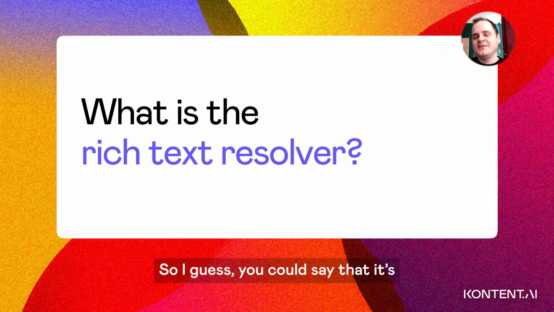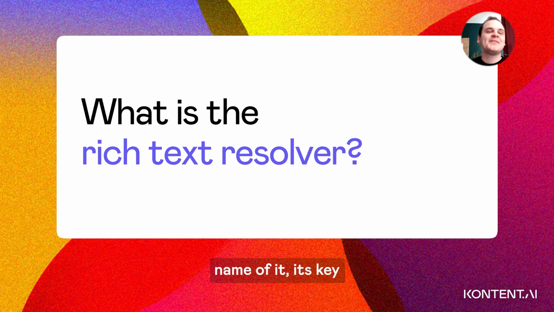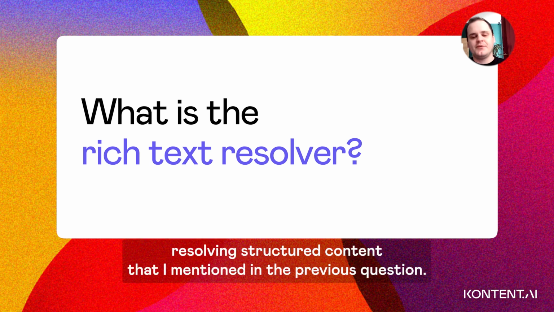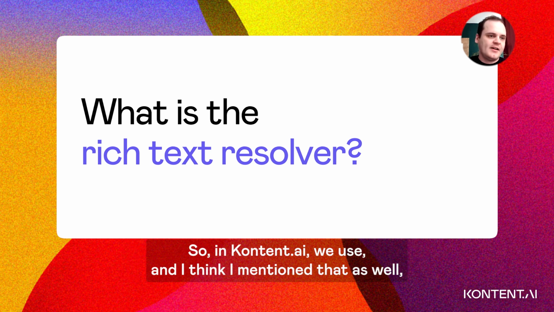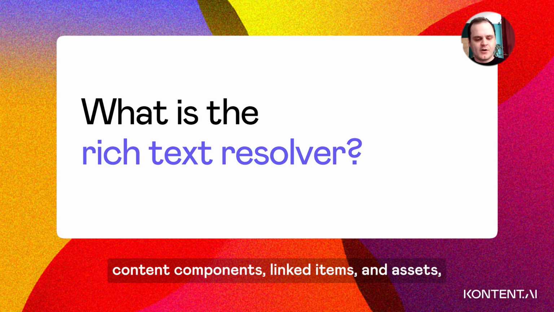Yeah, so I guess you could say that it's pretty self-explanatory from the name of it. Its key aspect is resolving rich text. This was originally part of our SDKs, especially the JavaScript SDK, but it revolves around resolving structured content that I mentioned in the previous question. So in Kontent.ai, we use, and I think I mentioned that as well, content components, linked items, and assets.